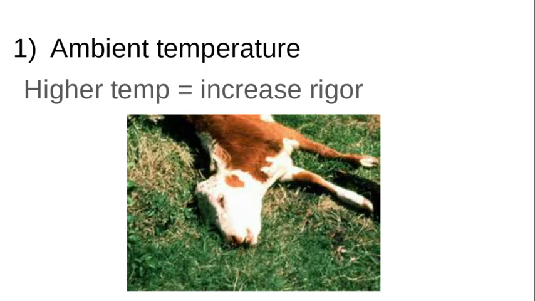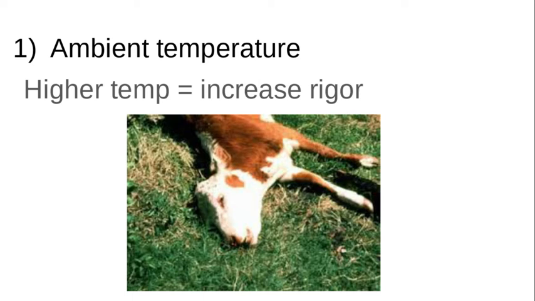All right, so lots of factors affect rigor mortis. So that guideline of the 2 hours peaking at 12 hours, that is a generalization, and other factors are going to influence that. The most being ambient temperature. So ambient is the word that we use to describe the temperature surrounding the body. Instead of saying outside temperature sort of means like you're outside, right?